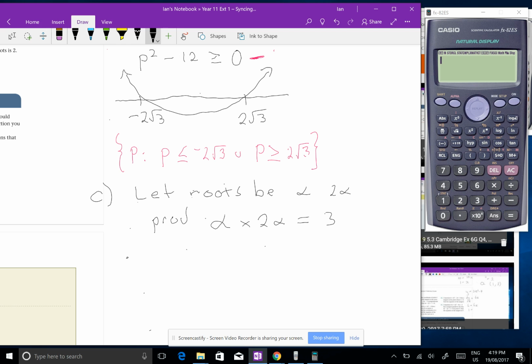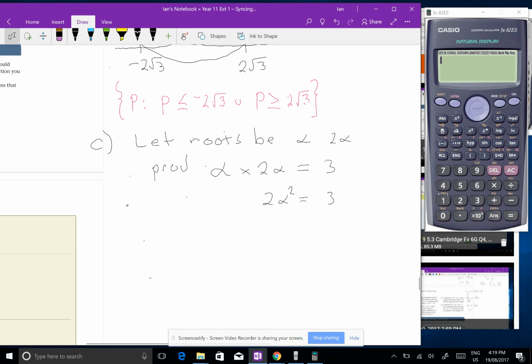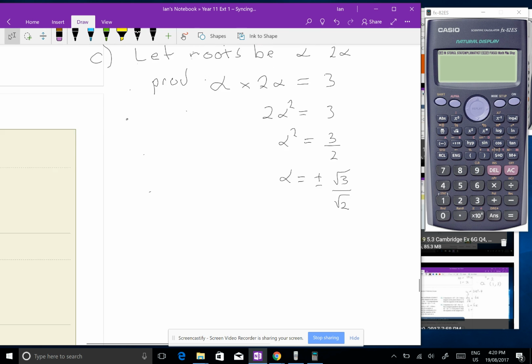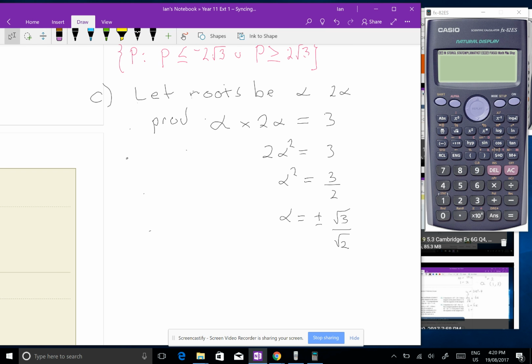Therefore, 2 alpha squared equals 3. Therefore, alpha squared equals 3 on 2. Therefore, alpha equals plus or minus root 3 on root 2. Now, the sum of the roots equals alpha plus 2 alpha, which equals 3 alpha.